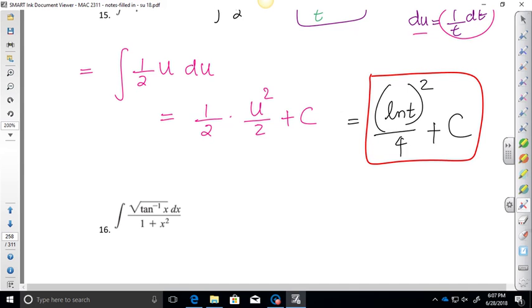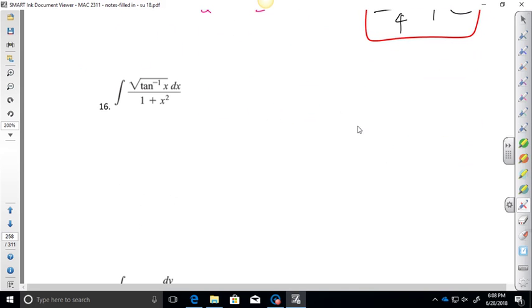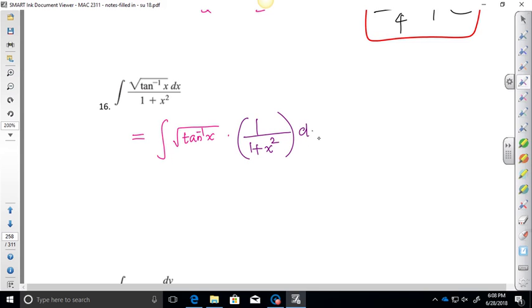The next one I can say inside of the composite function. This I can write as integral square root of tan inverse x times 1 over 1 plus x squared dx. Why am I doing that? Because I know the derivative of inverse tangent is 1 over 1 plus x squared.